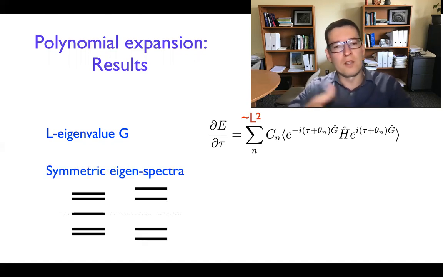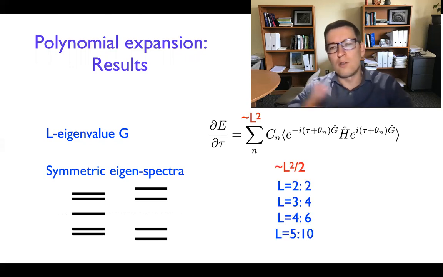Now it turns out that there is a slight simplification here. If the spectrum of the generator is symmetric, you get a factor of 2 because of that symmetry, and the actual scaling is closer to L squared divided by 2.